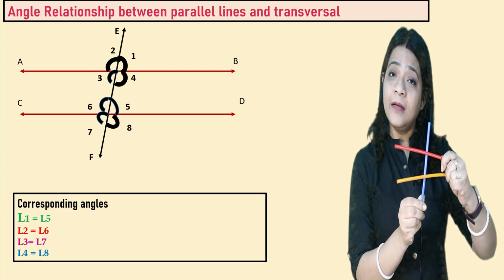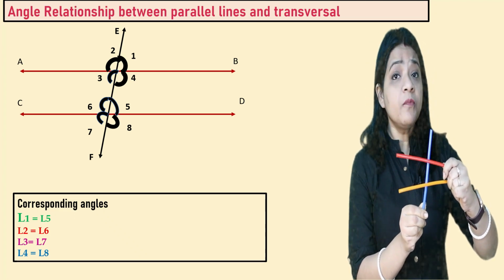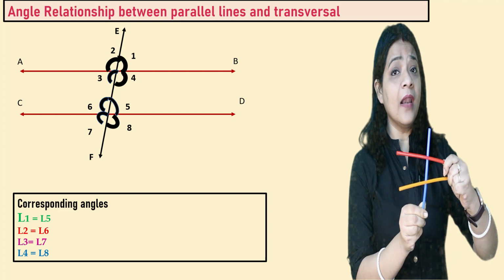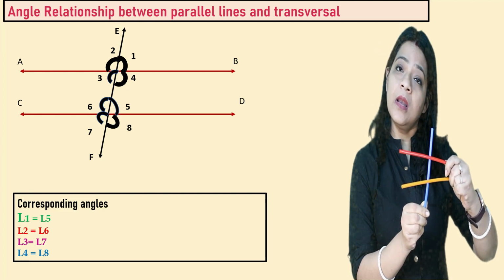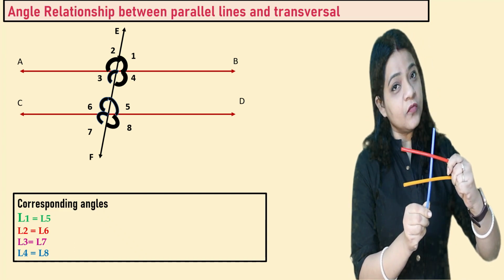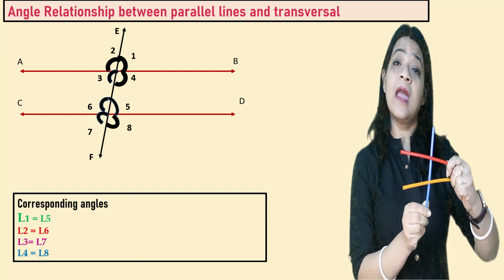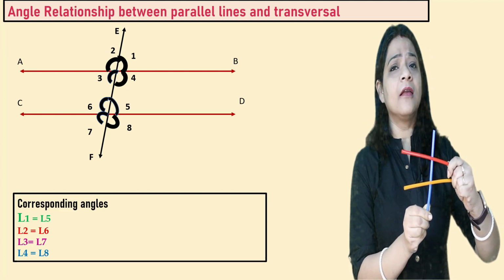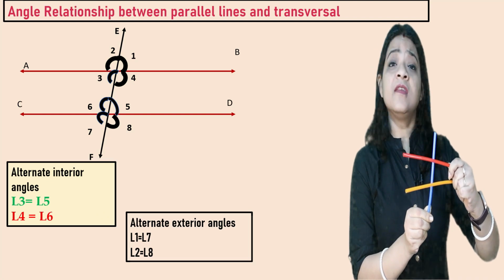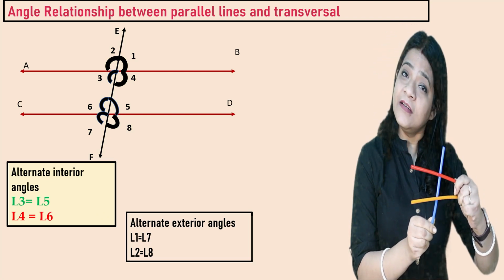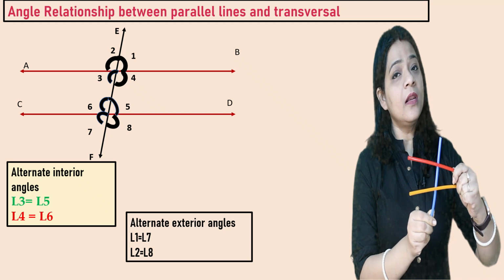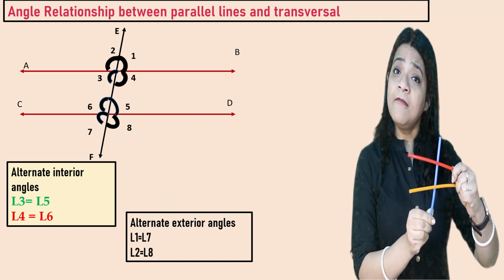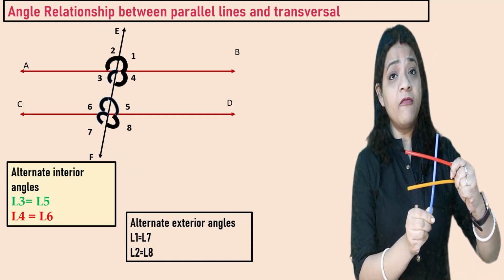Evidently these are parallel lines, so the corresponding angles will be equal: angle 1 and angle 5, angle 2 and angle 6, angle 3 and angle 7, and angle 4 and angle 8. Similarly, alternate interior angles will also be equal, that is angle 3 and 5, and angle 4 and angle 6.